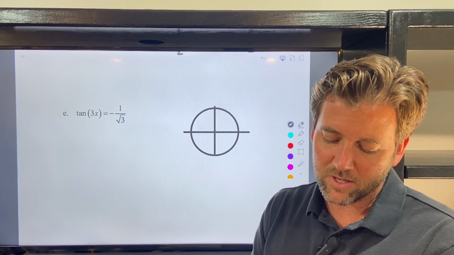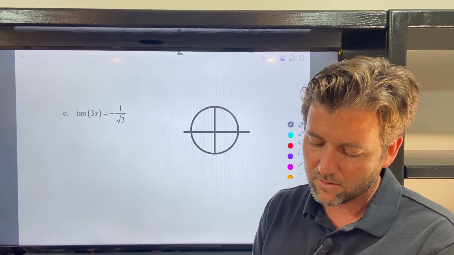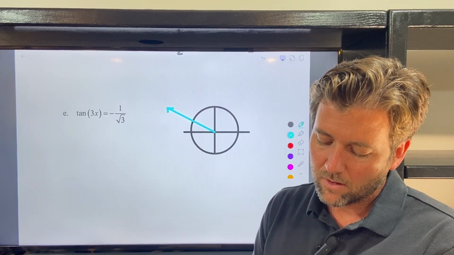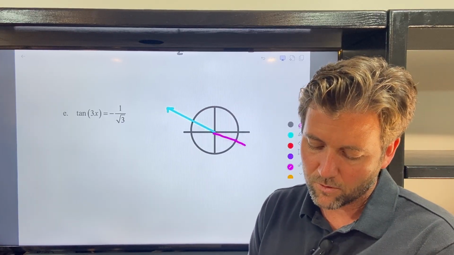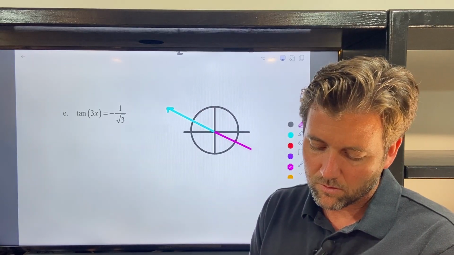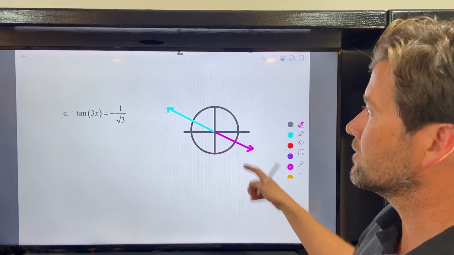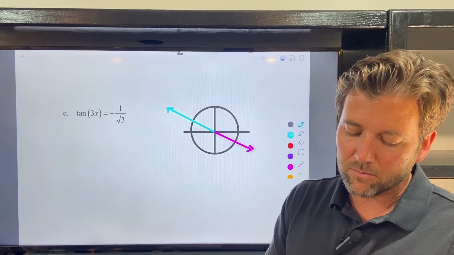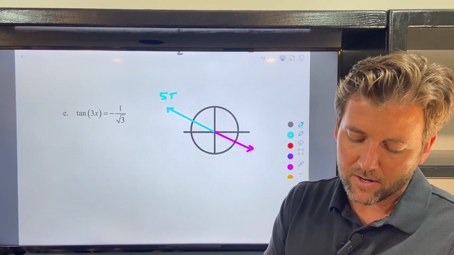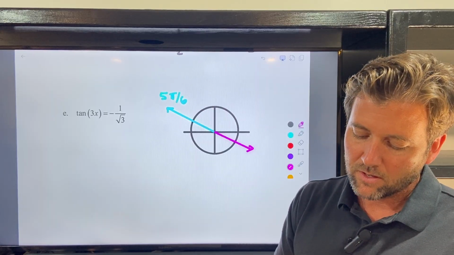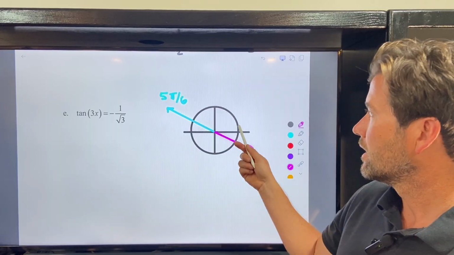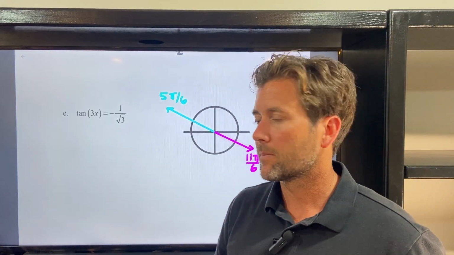But it has to be those angles that are in the second and fourth quadrants. The slope here is negative 1 over rad 3. I recognize this angle in blue as being 5 pi over 6. And this one here I can write as 11 pi over 6, or negative pi over 6.